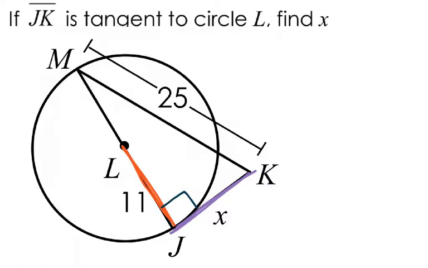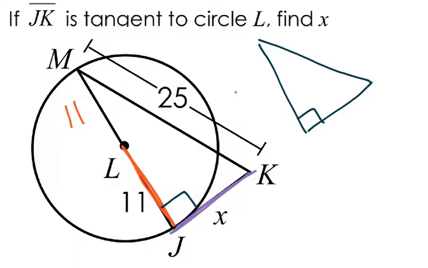The only other thing that people get really tripped up on is the measure 11 is just the radius from L to J. So you have to know that this also from ML is another radius. So it's also 11. So when you draw the right triangle, I'm going to draw it over here.